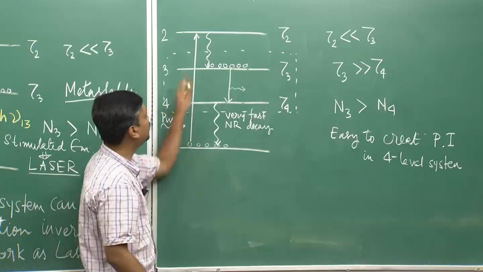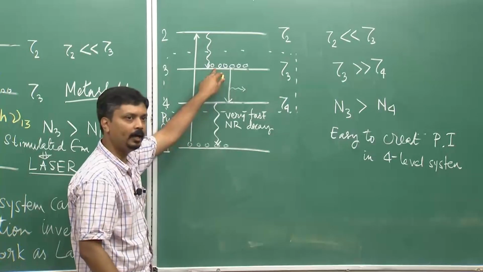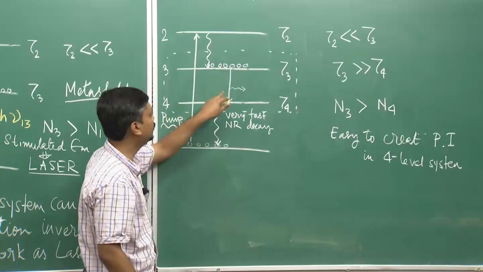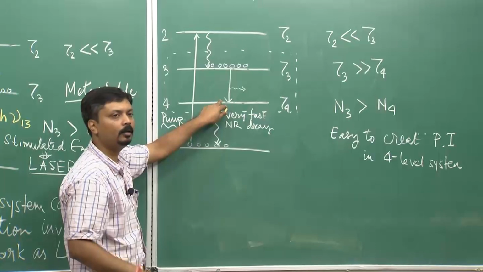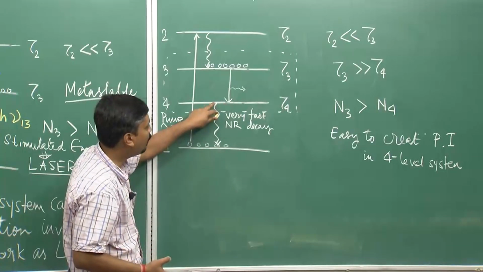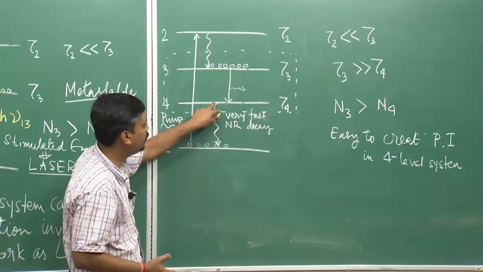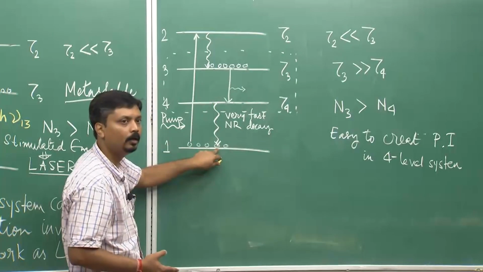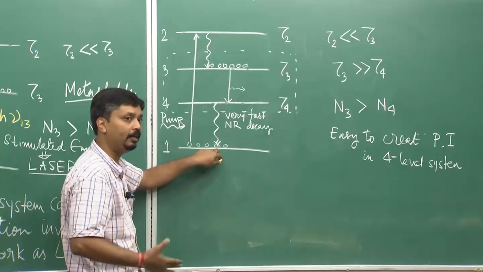Now, see the contrast between this and this. Here it is continuously pumping in here, and whenever there are photons here, this is almost empty, because I have already said that this state decays to this ground state non-radiatively, and that is very fast. Okay.